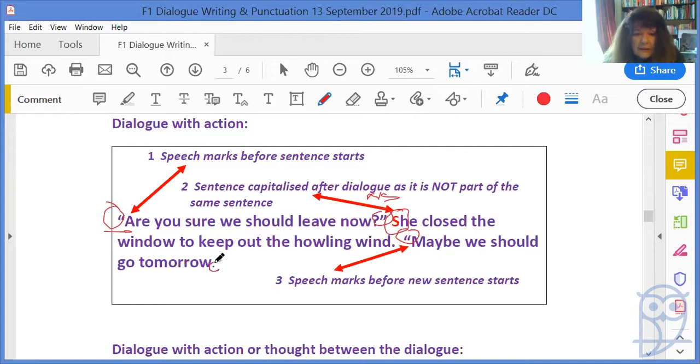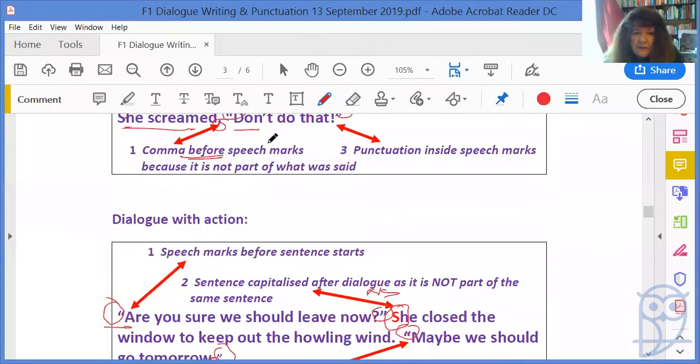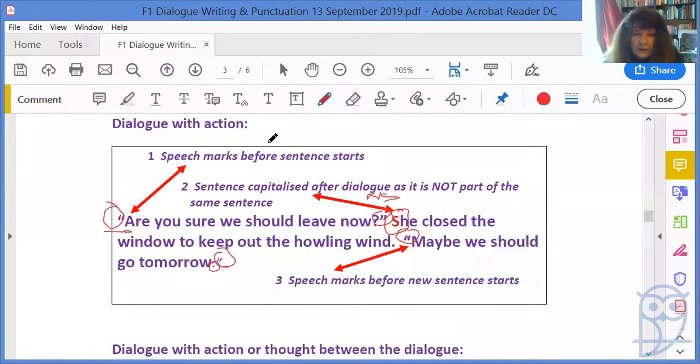Punctuation again inside the inverted commas, and the speech marks before and after for her new sentence because we already closed them there. So that's speech marks, dialogue with action. That's how you do it. She's saying two totally different things. They're not related, and that's why they go in two separate sentences.